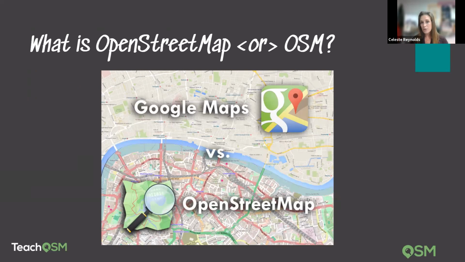So if you wanted to use Google Maps data to make a map, you would have to pay them for it. That's sort of how OpenStreetMap came about. The gentleman that created it went to Google Maps saying, I want to create a map that shows this. And they said, well, you have to pay us for our data. And he said, well, why should I have to pay for something when it's right in front of me? I could collect the data. He didn't think it was going to take off, but it did.